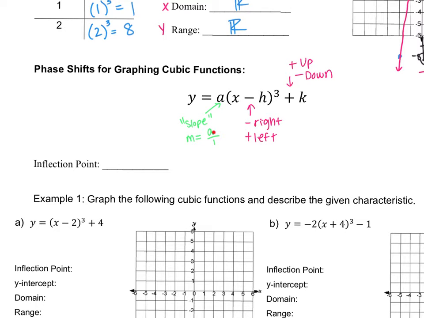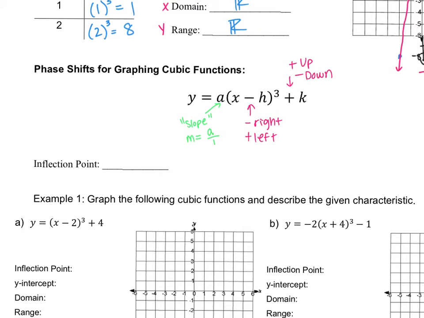So if you have rise over run, a is going to be your rise and your run should always be 1. The reason why is the slope doesn't work after the run if the run were to increase. And this is mainly due to the function not being a linear function. This is not x to the first power, this is x to the third power. So it's going to grow quickly as the numbers increase. So you only want to use it when the run is 1.